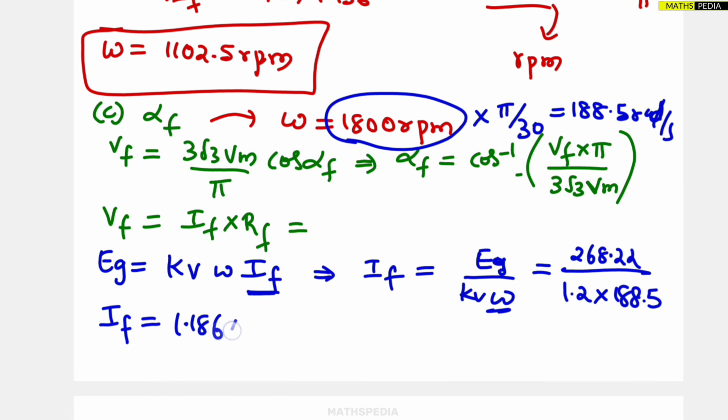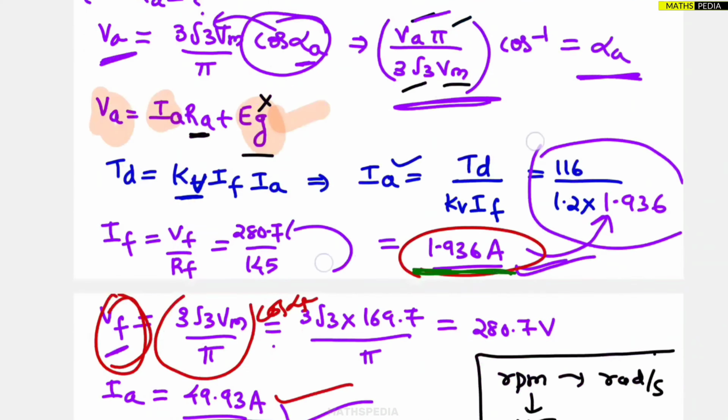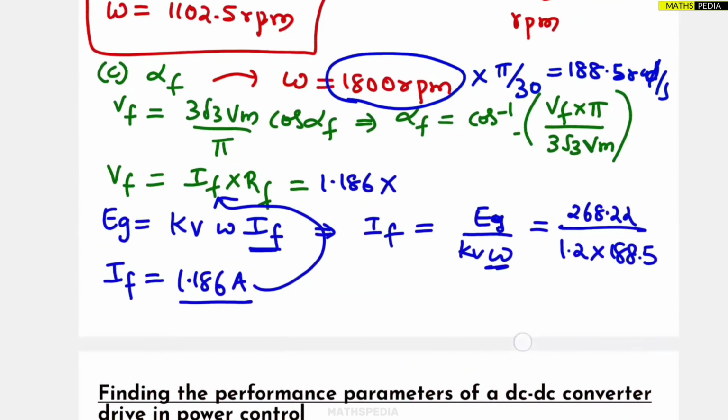This new IF value you substitute here in order to get VF. So 1.186 into RF. Field resistance is given in the question, as you can see over here, 145 ohms we have taken. So we will be getting the VF answer as 171.97 volts.